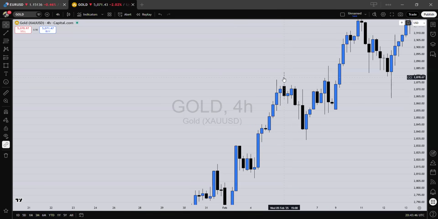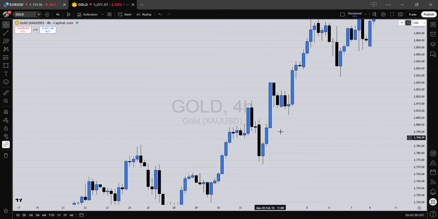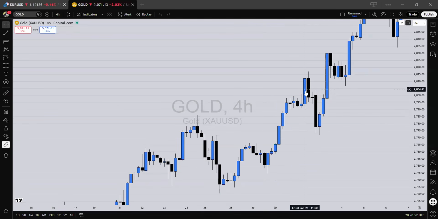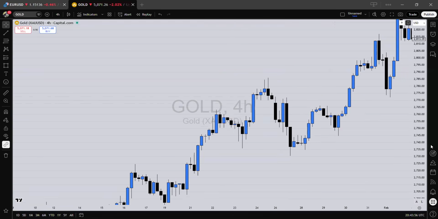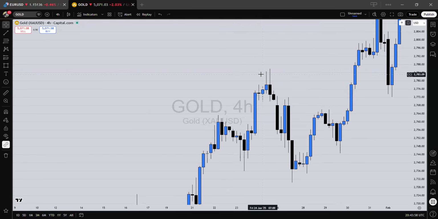You can see here 2880 zone. See the retracement. Let's check 2780 zone. Let's see what happened there. Look at 2780 zone. You can see the retracement. 2760 zone, 2750 to 2760 zone.